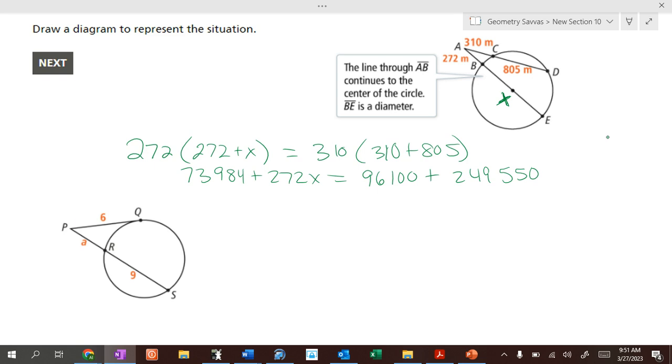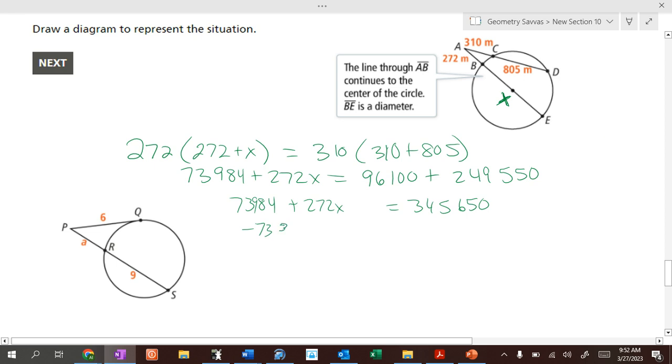Add that to 96,100. And then subtract 7,398 from there. 984, I mean. 271,667.